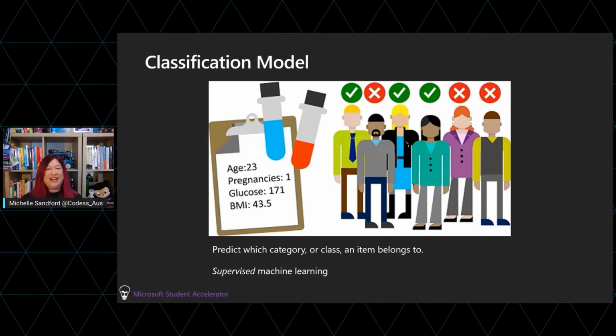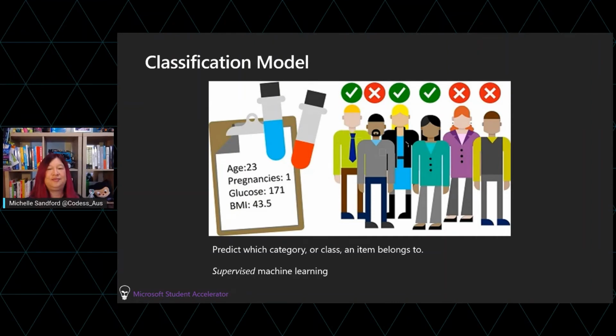Then after training has been completed, you can use the trained model to predict labels for new items for which the label is unknown. So all of that sounds just like blah, blah in my mind until you start to think about what that looks like in real life, which is why I'm all about the examples.